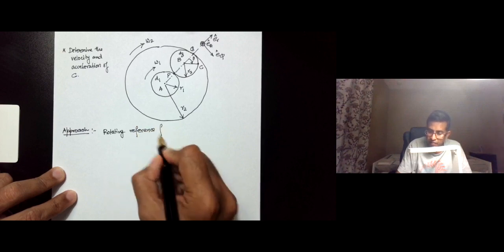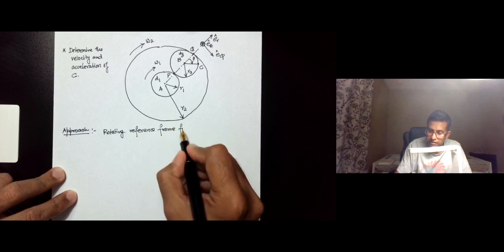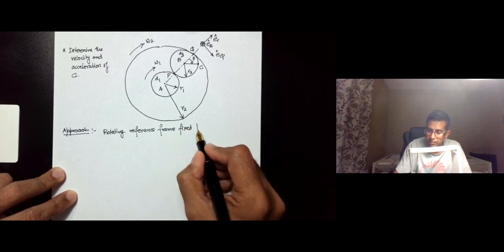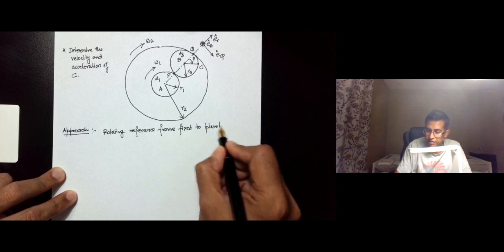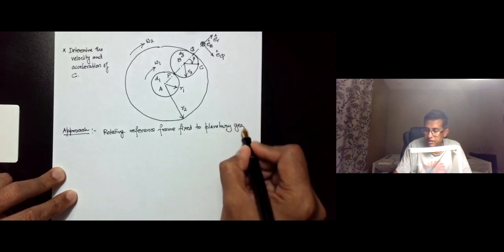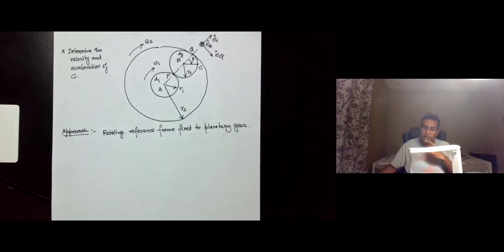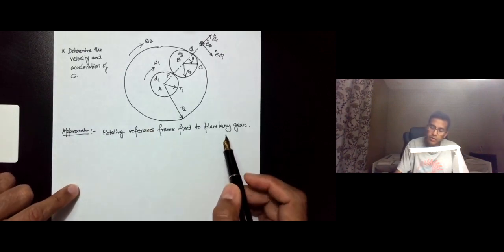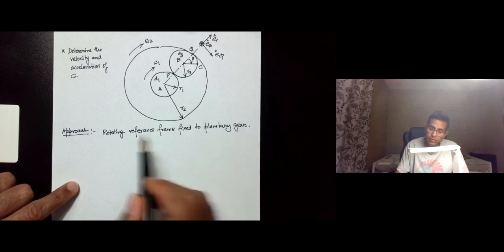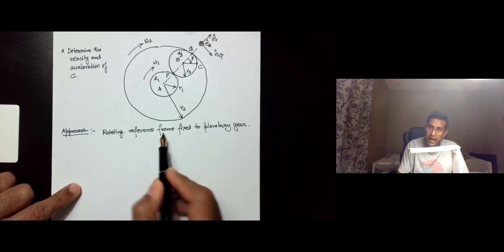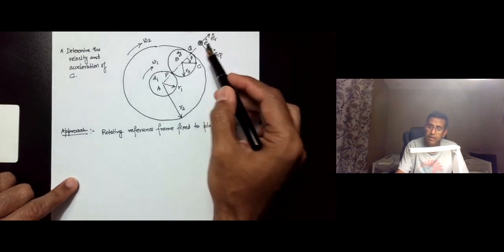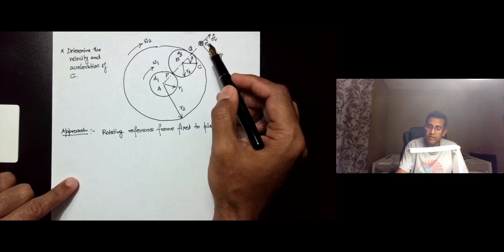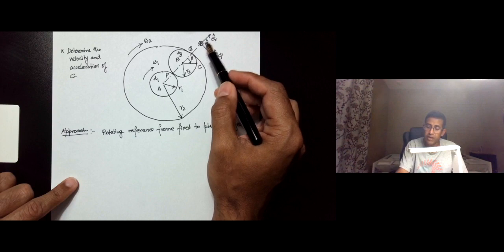We deliberately make this note because we want to distinguish between the reference frame and this coordinate triad. This coordinate triad does not necessarily mean that we need to consider this as the rotating reference frame.